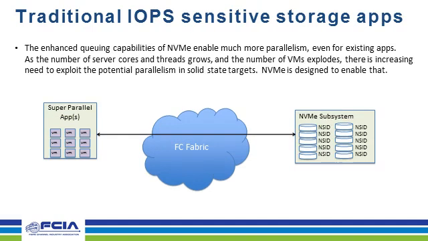In addition, we'll see IOPS-sensitive storage apps. One of the benefits of NVMe, we mentioned queues, and there was a question about multiple queues. Both the basic NVMe specification as well as NVMe over Fabrics, of which NVMe over Fibre Channel is an example, support enhanced queuing.